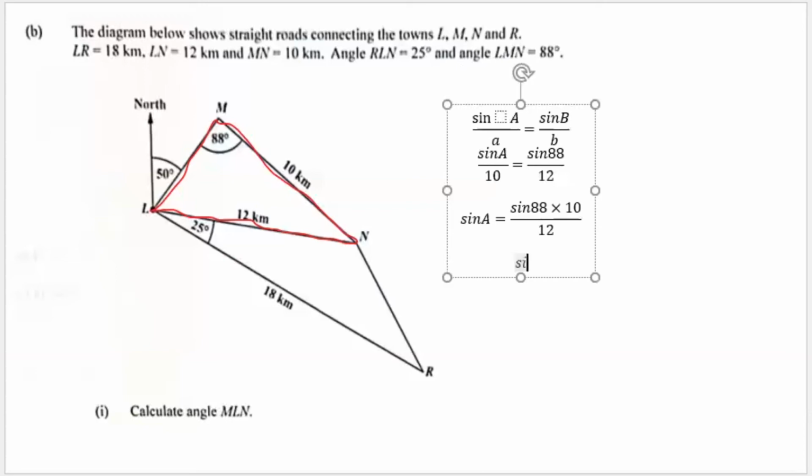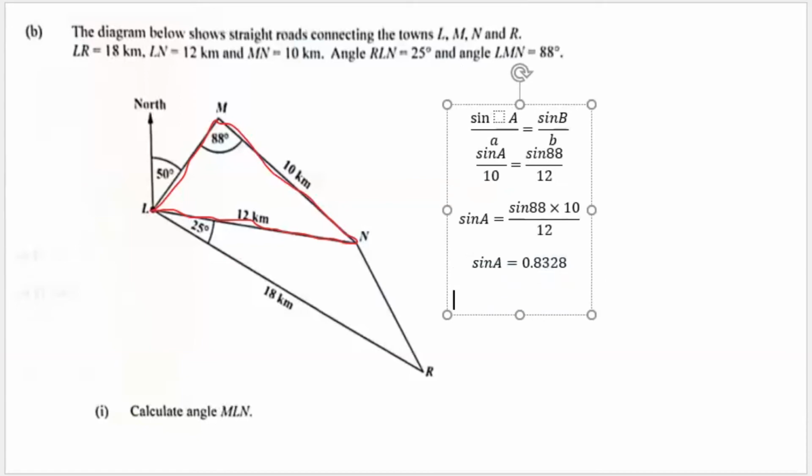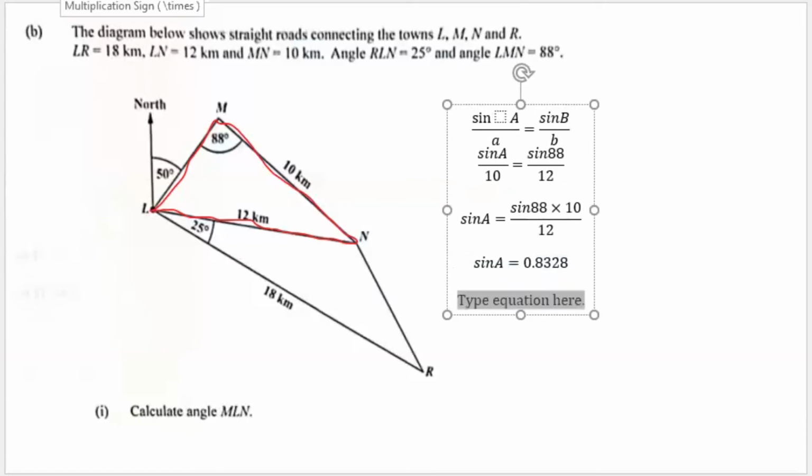So therefore, sine A is equal to, when we do sine 88 times 10, we get 9.99 being divided by 12, and we get 0.8328. Now we can solve for A, which is the angle we're trying to find.